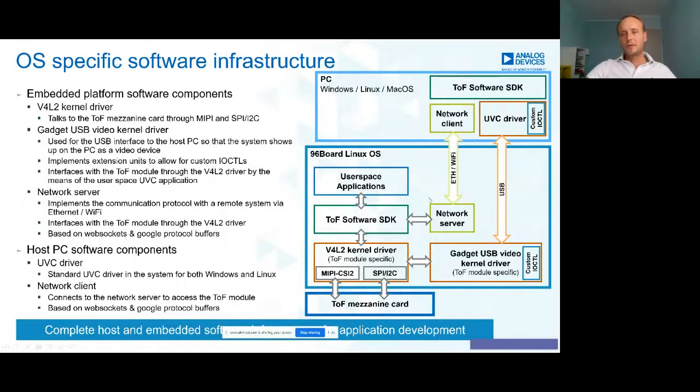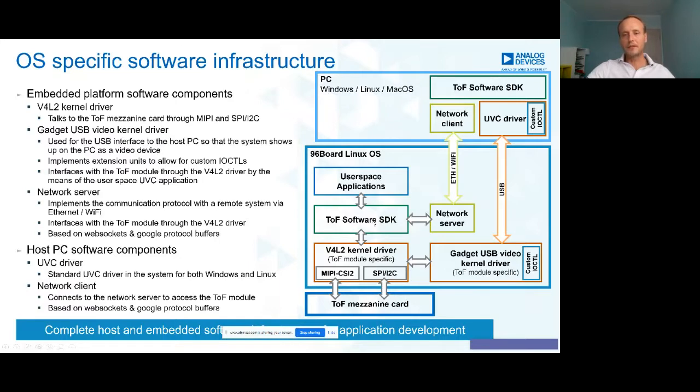So here's just a quick overview of the software infrastructure and how everything looks. Starting from the bottom, we have the hardware, and then we have an embedded system which is running Linux. And in Linux, there's a V4L2 kernel driver which talks to the hardware via MIPI for video streaming, and SPI or I2C for hardware control.